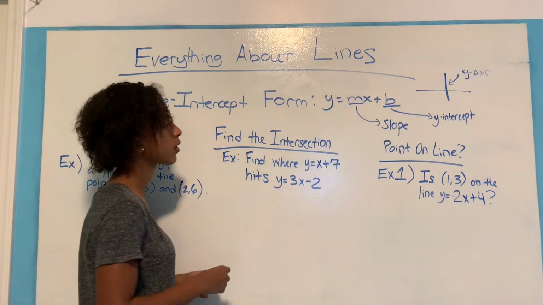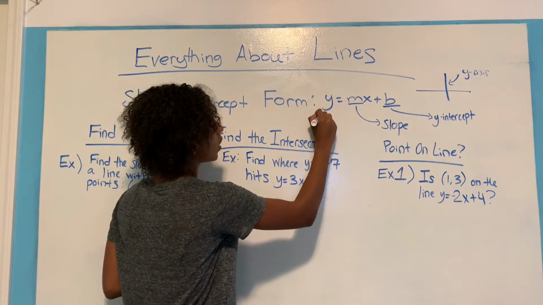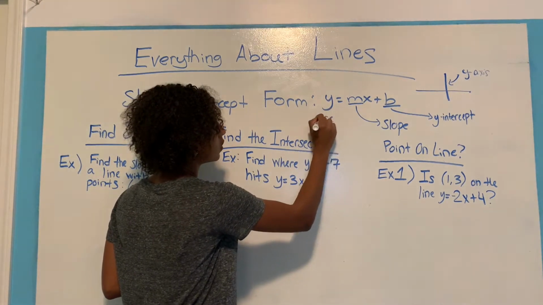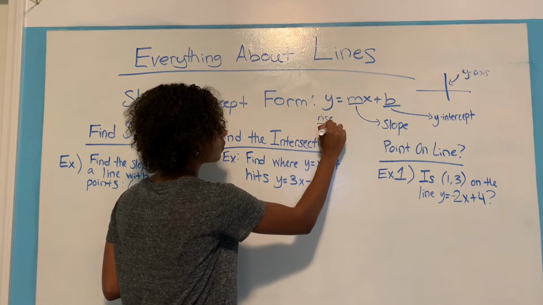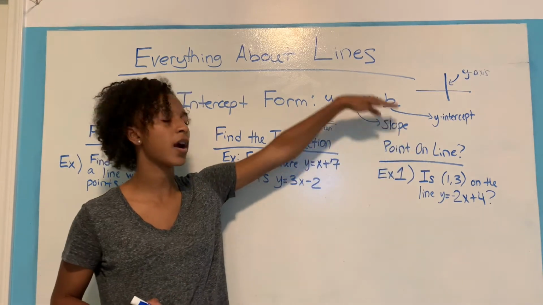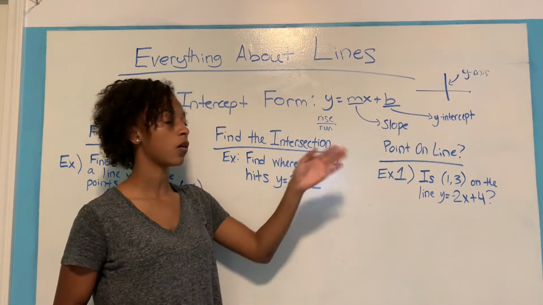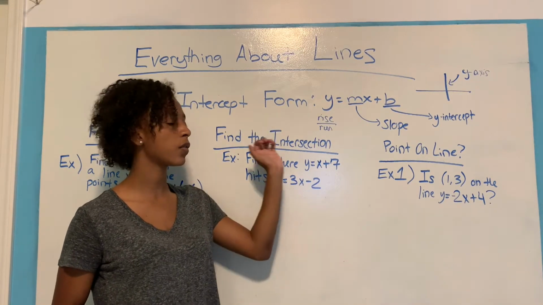The way to calculate or think about the slope is really rise over run. With every step, I rise a certain amount of points, and then I run a certain amount of points horizontally. So first it's vertical, then it's horizontal.